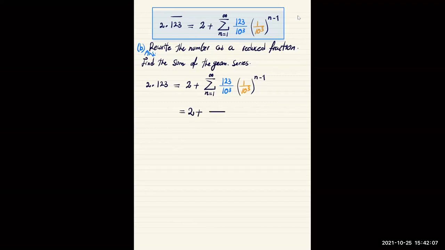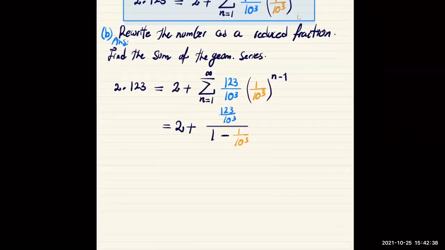Since this is convergent, because the ratio is between -1 and 1, you just do A, which is 123 over 10 cubed, divided by 1 minus R. R is 1 over 10 cubed. They want it in reduced fraction form, so don't leave it like that. This is a complex fraction, and you want to get rid of the fractions within.